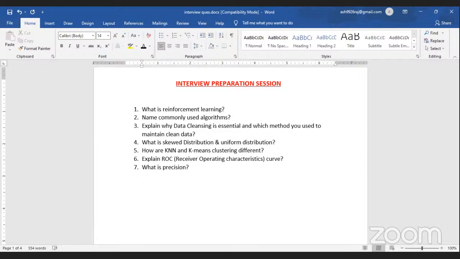Precision is the most commonly used error metric in classification mechanism, and its range is from 0 to 1, where 1 represents 100%. That is called precision.